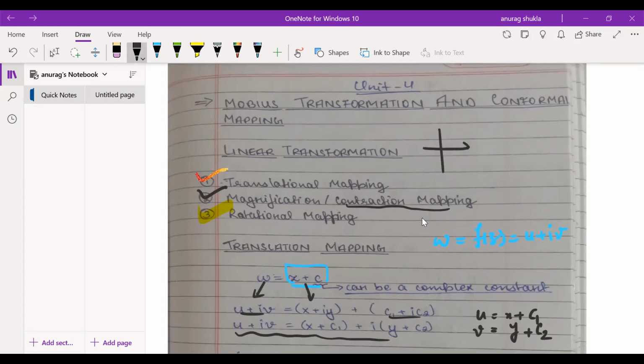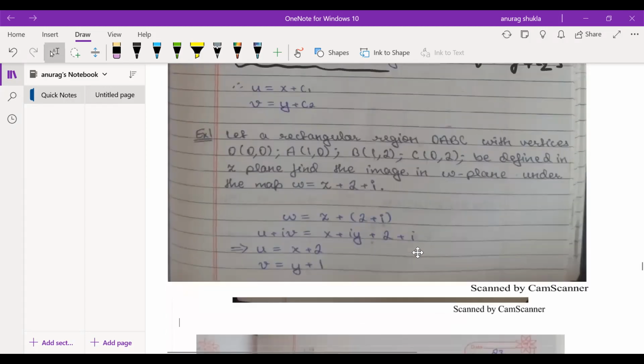If you are in the xy plane, meaning the z plane, and you know the coordinates of any point, you can find the coordinates in the uv plane by this relation if c1 and c2 are known to you.